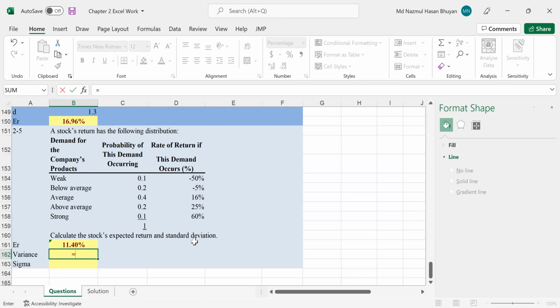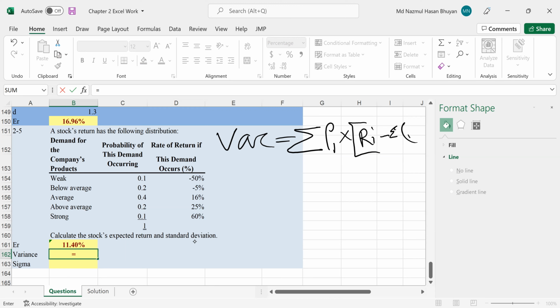Next, we're going to calculate our variance. So in this case, the formula for variance is what? Sum product of probability times squared value of the difference between individual return and expected return.